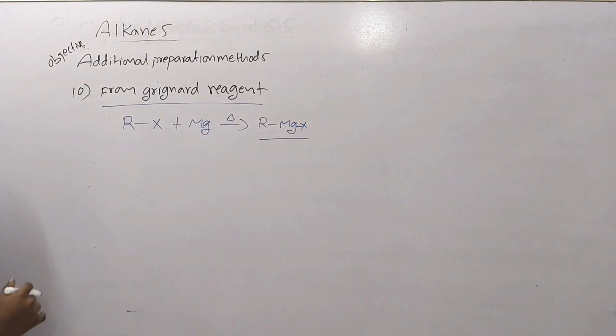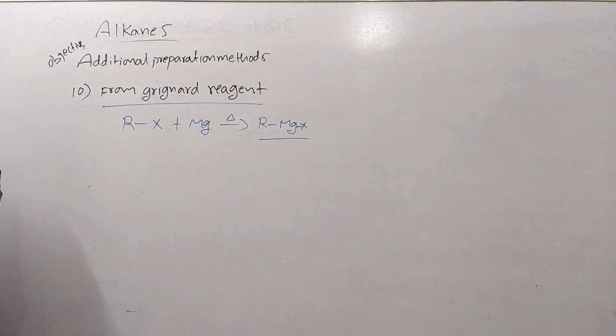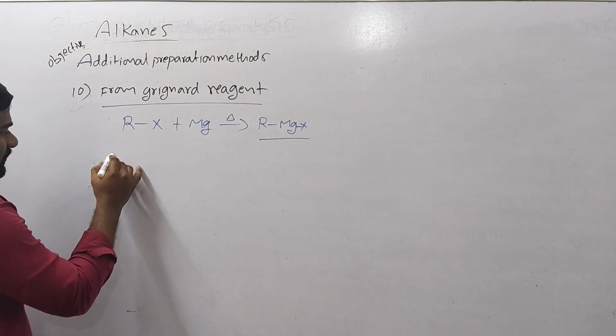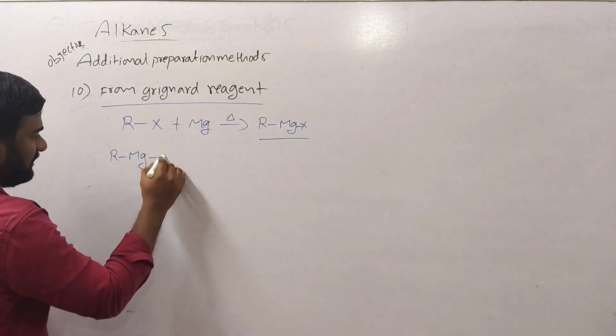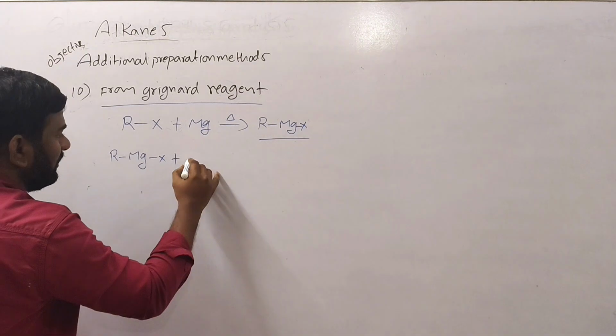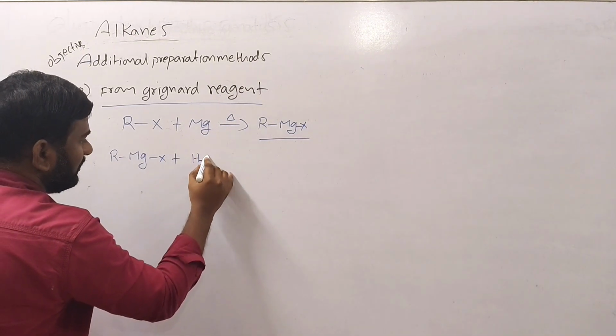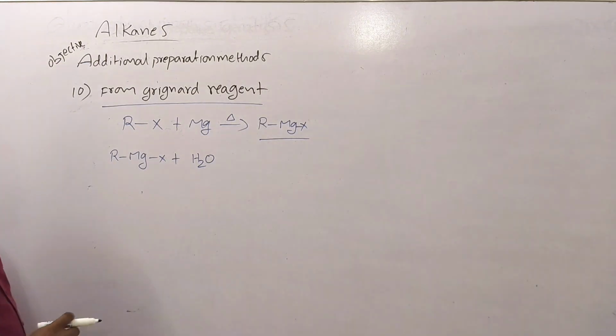This RMgX on reaction with compounds containing acidic hydrogen will give alkanes. Suppose RMgX reacts with an acidic hydrogen containing compound, it may be water. In water the hydrogens are attached to oxygen, which is more electronegative.